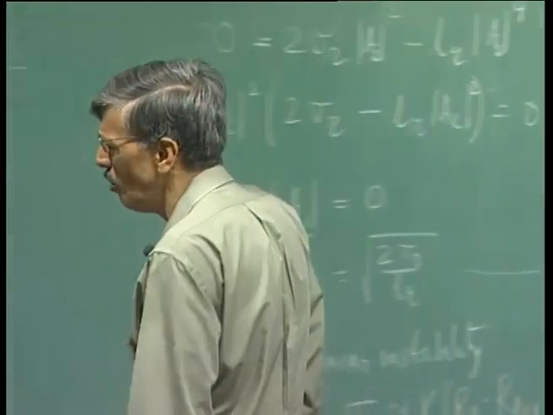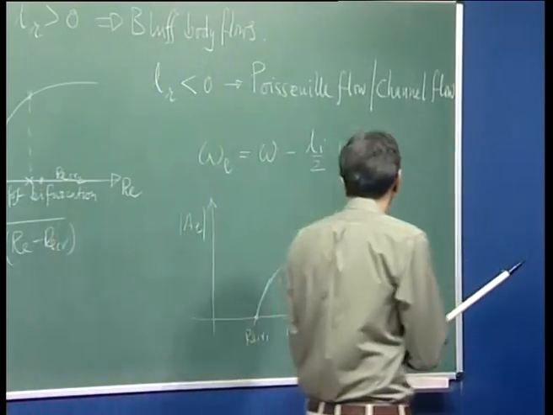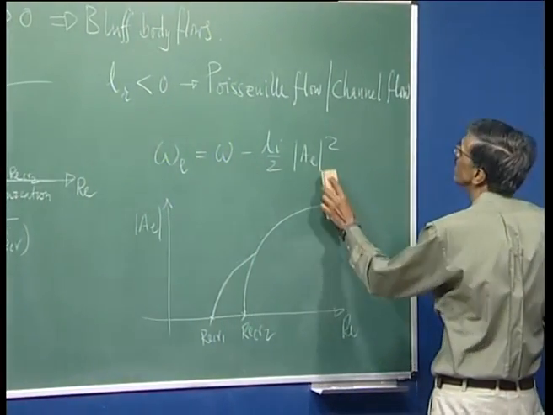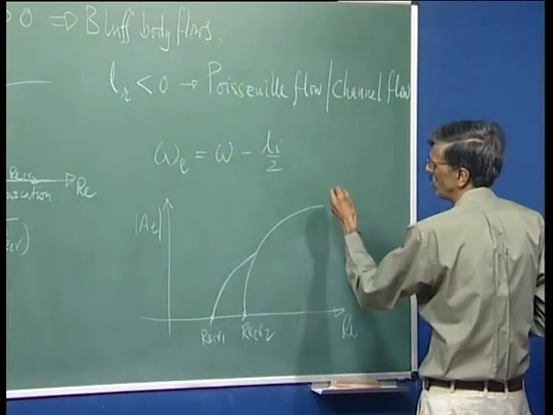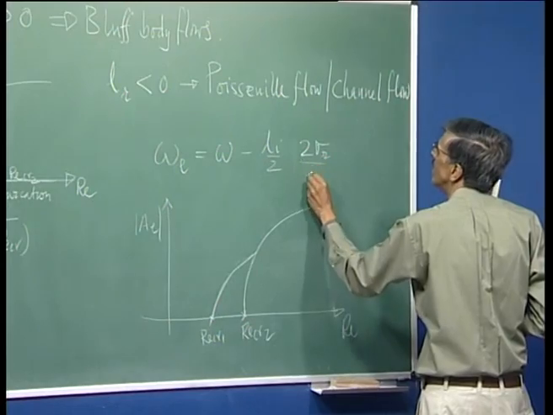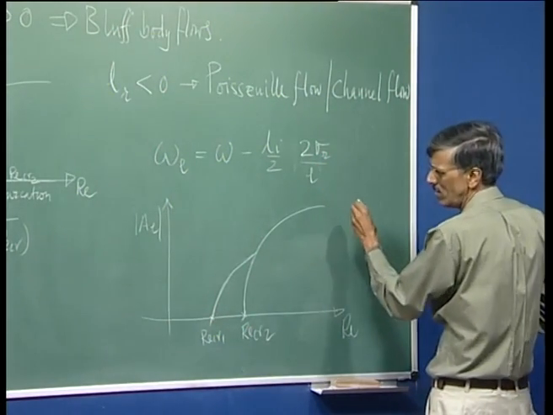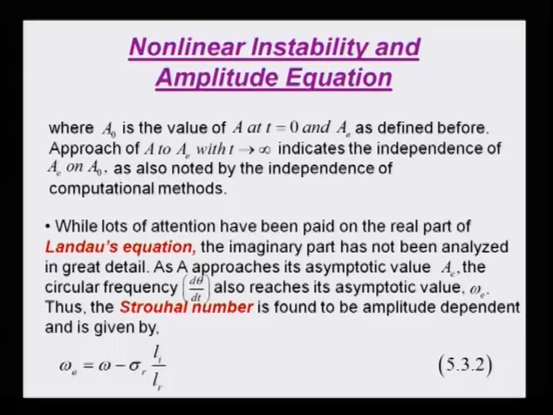So, although we wrote earlier in terms of like this, but now suppose I replace a square by what we have there, that will be 2 sigma r by L r, then we are seeing that relation, right.